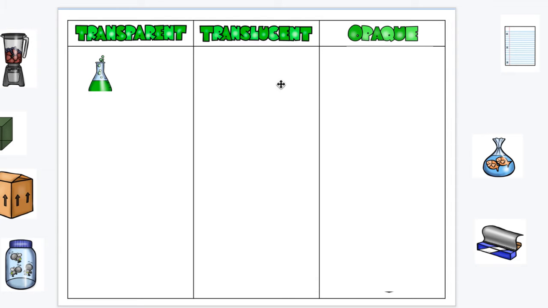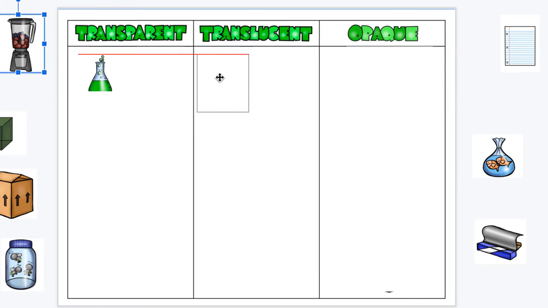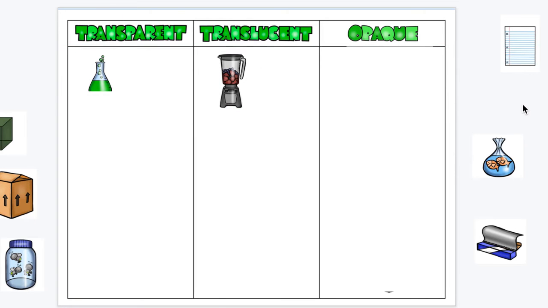Is that transparent, translucent, or opaque? So it's supposed to look a little foggy, so only some light passes through it. So the blender would actually be translucent. Translucent. All right, the bag with goldfish, is that transparent, translucent, or opaque? So this is transparent. You can see clearly through the bag.